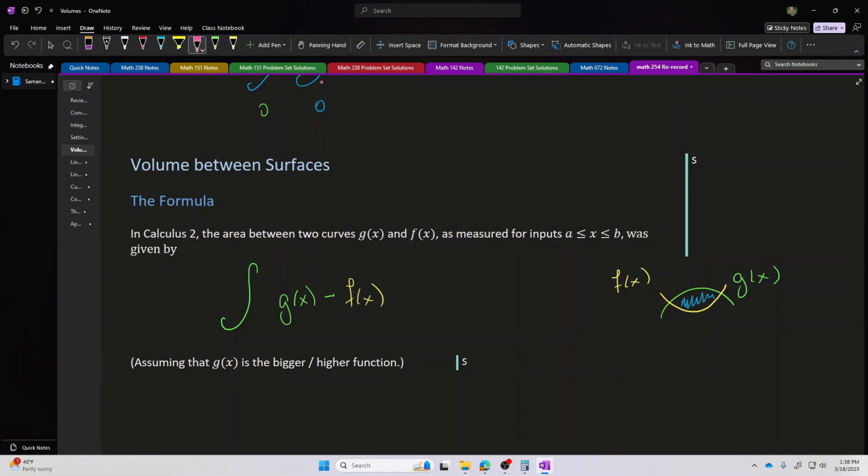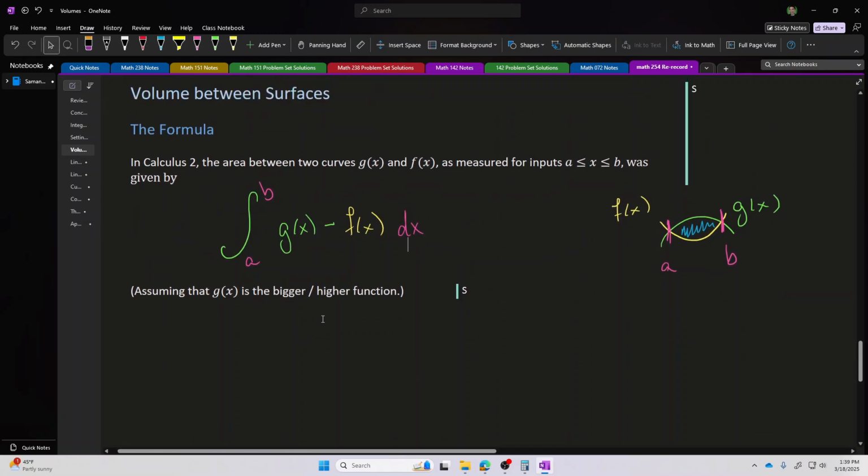Then you integrated that from the smallest x value to the largest x value. Integral from a to b, g of x minus f of x dx. And this, of course, assumes that g of x is the bigger function, the higher function between the two. If f of x was the one that was on top, so to speak, then it would be f of x minus g of x.